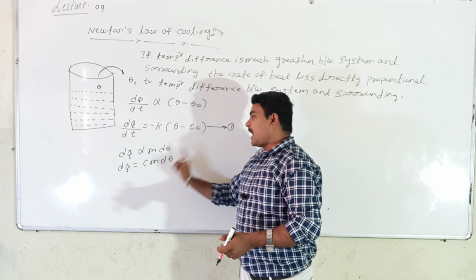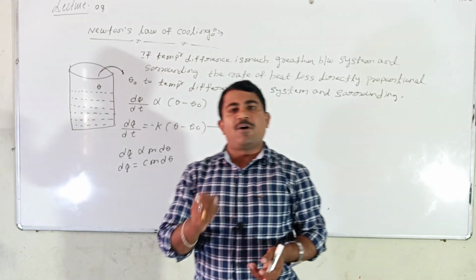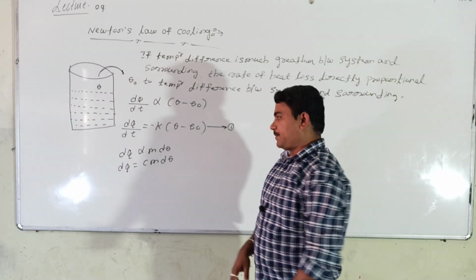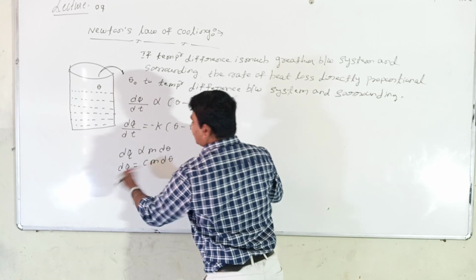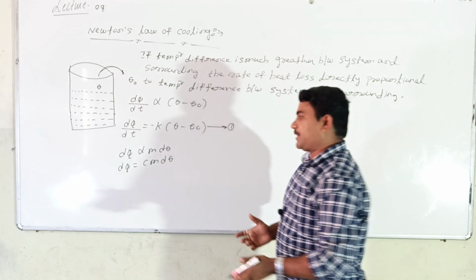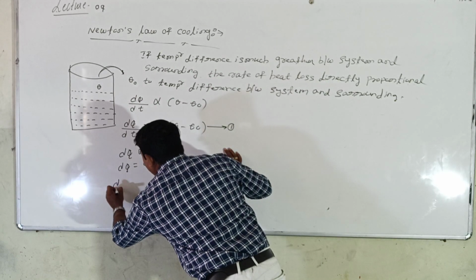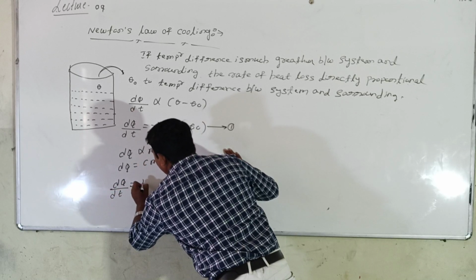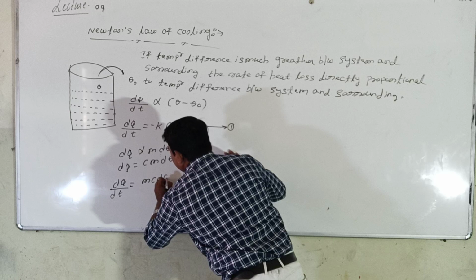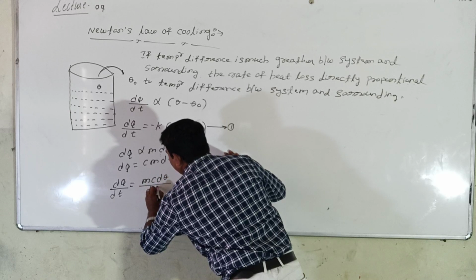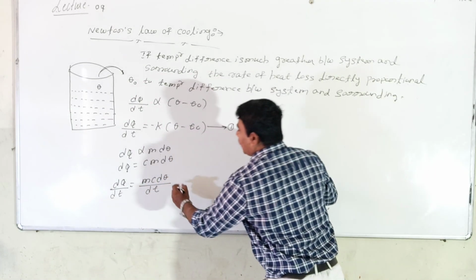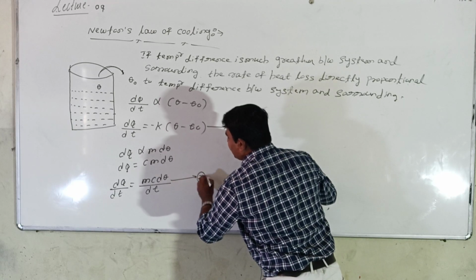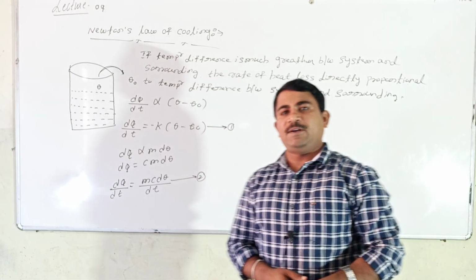Delta theta indicates the small change in temperature of the system. Now divide this equation by dt on both sides. What you will get: dq divided by dt equals mass c into d theta whole divided by dt. This is equation number 2.